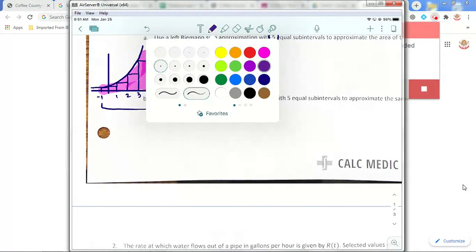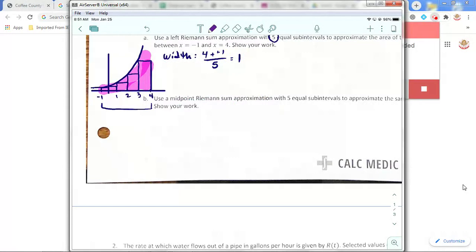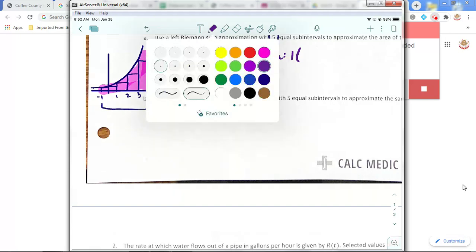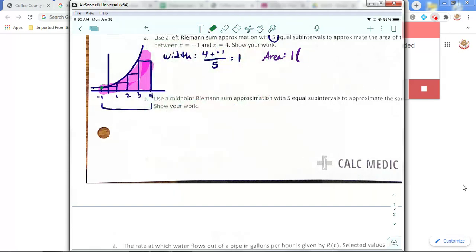All right, so what we want to do is add up all these areas. So we're going to do the width of each rectangle times the height of each rectangle. Now the width of every rectangle is 1. And then the height is going to come from the value of the function on the left side of each rectangle. Our function is e to the x.